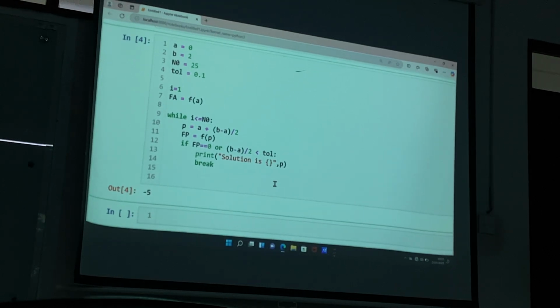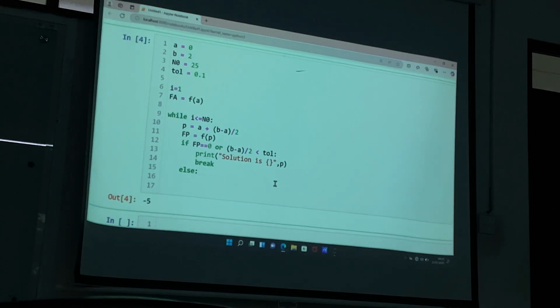Otherwise, we update the I as I plus 1, or you can use this notation as well.